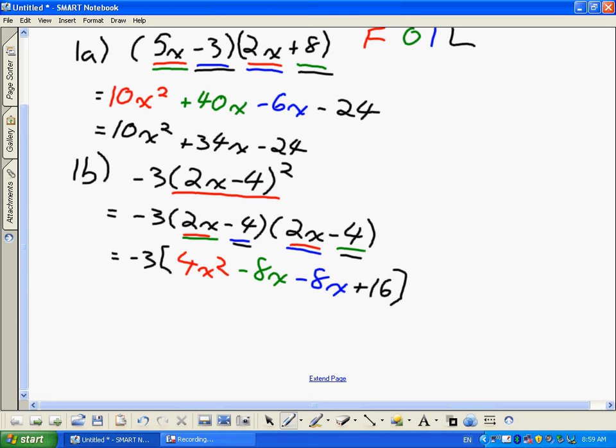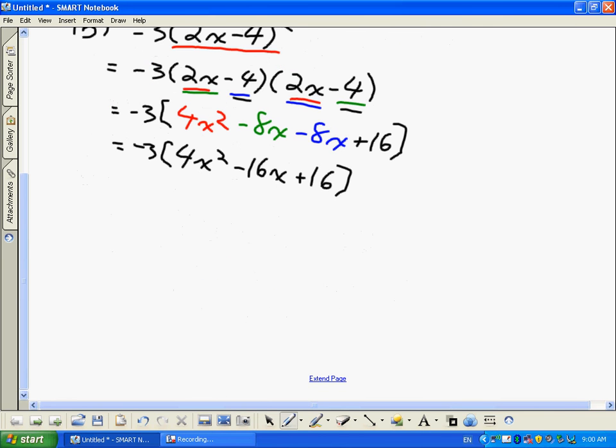So, once we've expanded all that, I'm still going to work inside the brackets. I'm going to simplify what I have inside those brackets. That's going to give me 4x squared, negative 8x subtract 8x is negative 16x, plus 16. I still have the final step. I have that negative 3 outside of everything. I need to distribute the negative 3 times every term inside of the brackets.